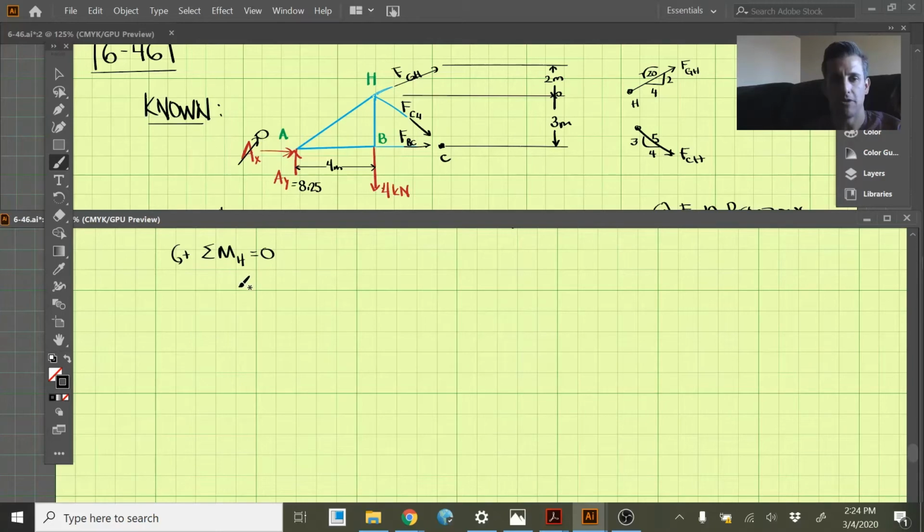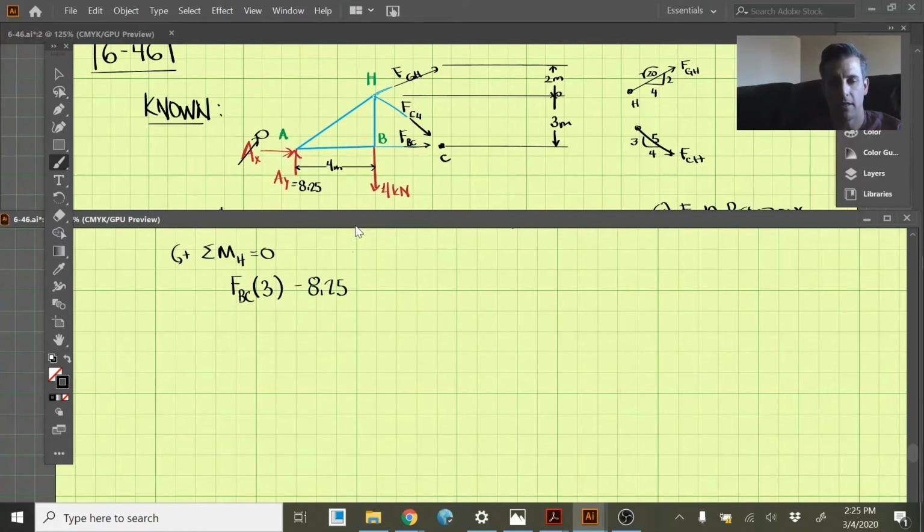So taking the moments around H, we have FBC, which is going to create a counterclockwise moment around H. So we have FBC, and the distance from H to B here, that is 3 meters. So 3 meters. And then we have AY over here, which is going to create a clockwise moment, which is going to be negative. So that's 8.25.